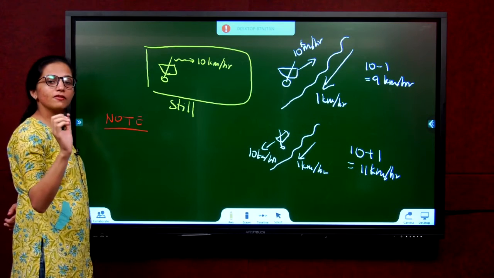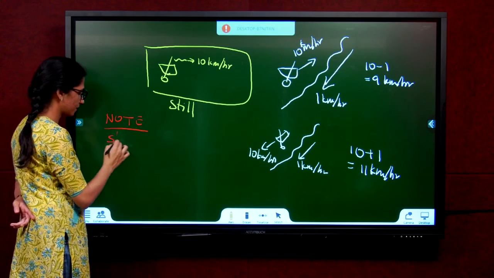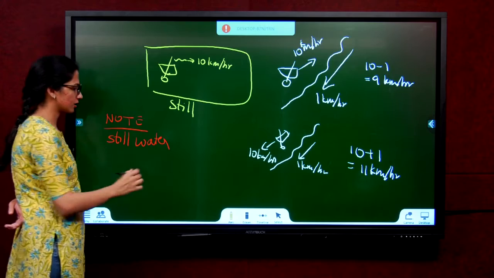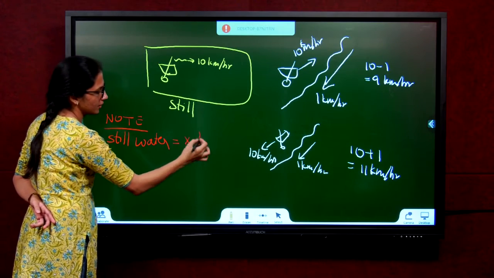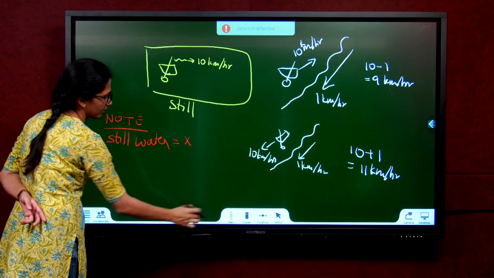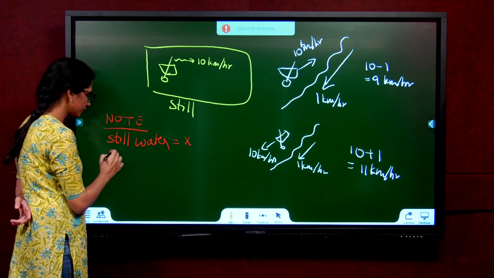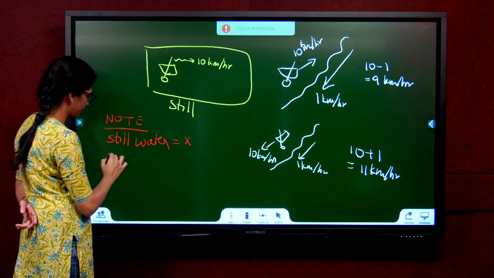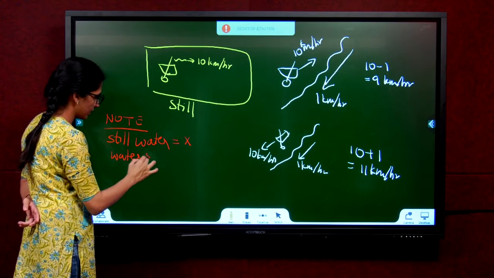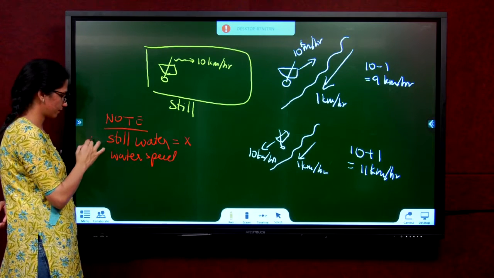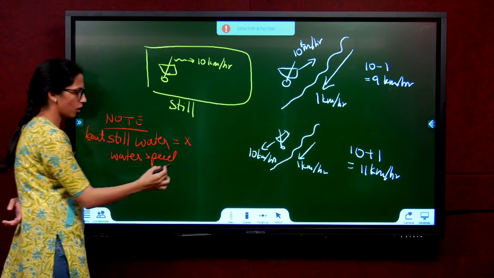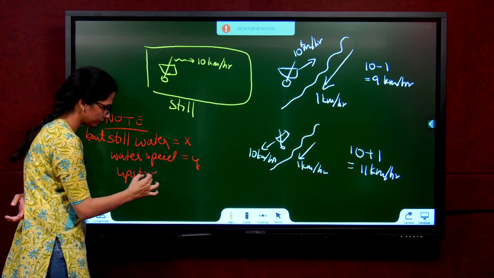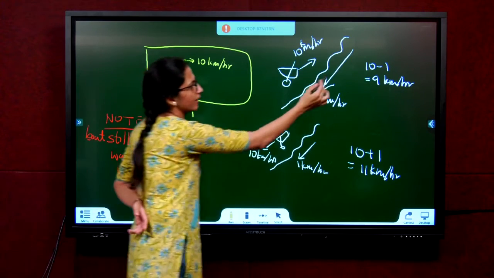If the speed of the boat in still water is x km per hour, this is boat speed in still water, and let us say the water speed is y, then what will be the speed of the boat upstream? 10 minus 1.